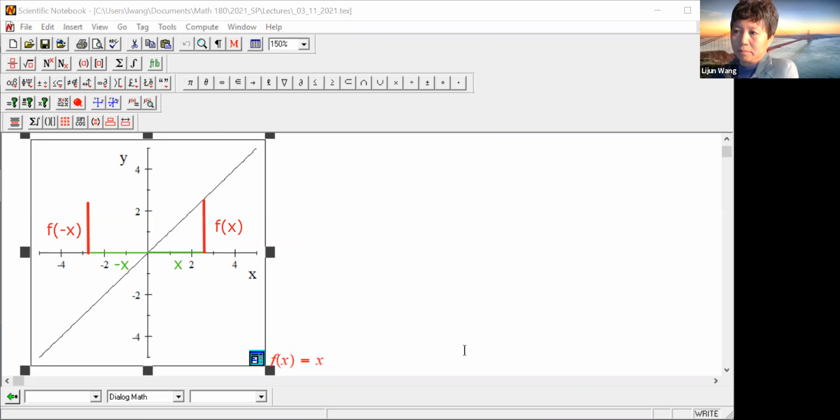So this guy is f of negative x. In this case, are they the same? No. They're not the same. So this function is not even. You follow me? Because if you draw f of negative x here, you should get this guy. This is f of negative x for this particular function.